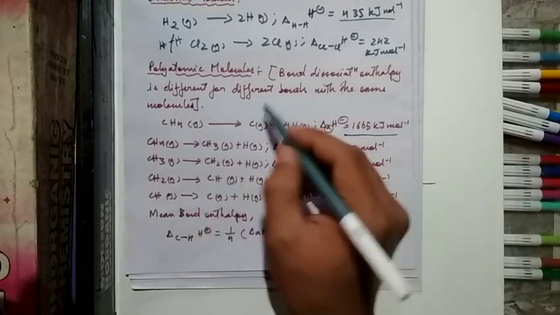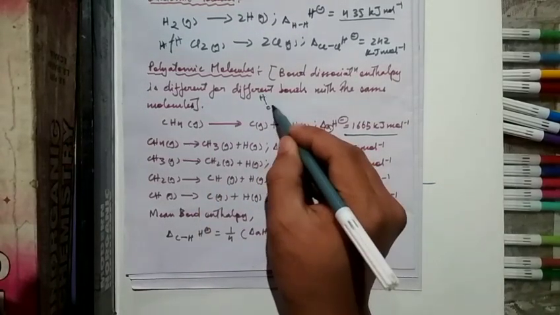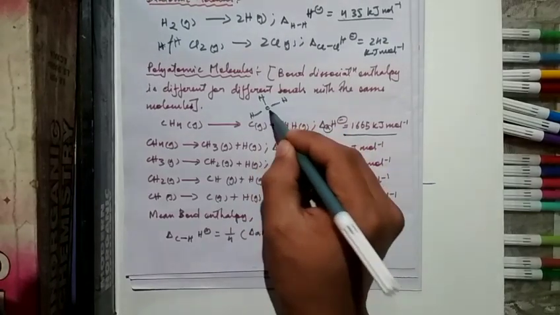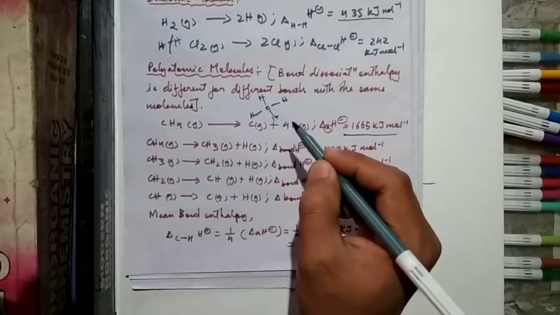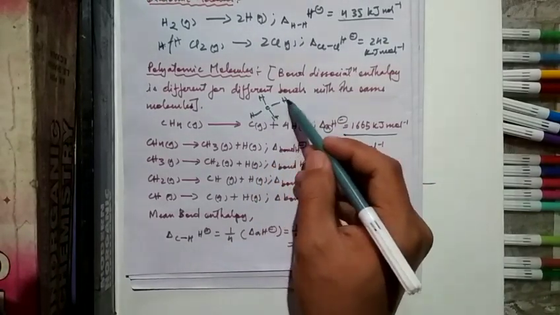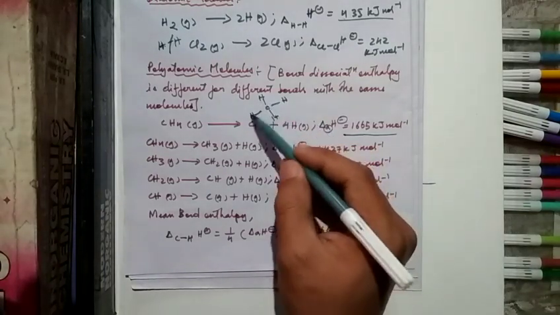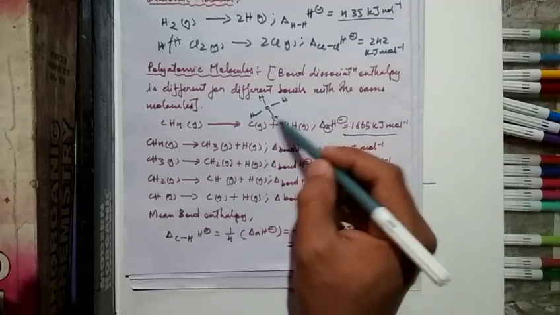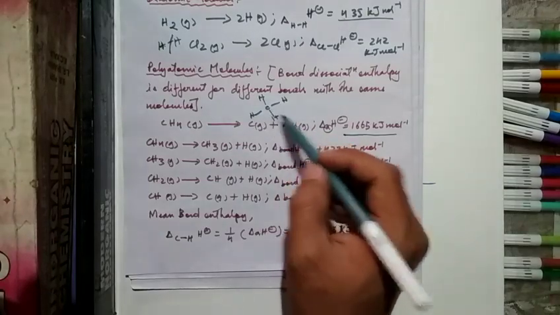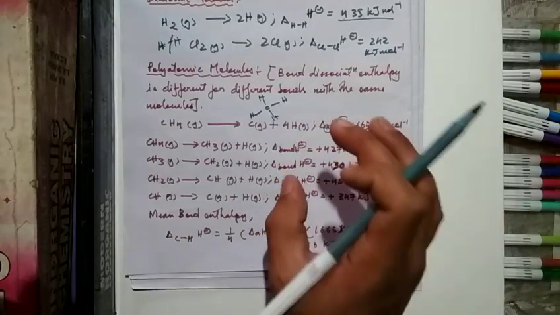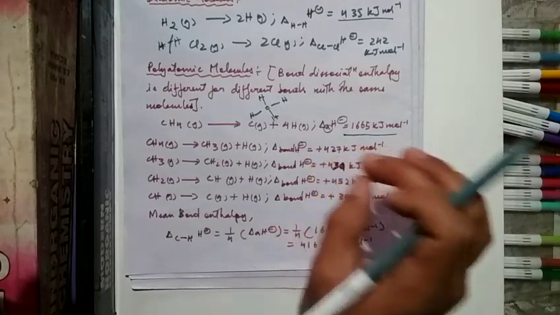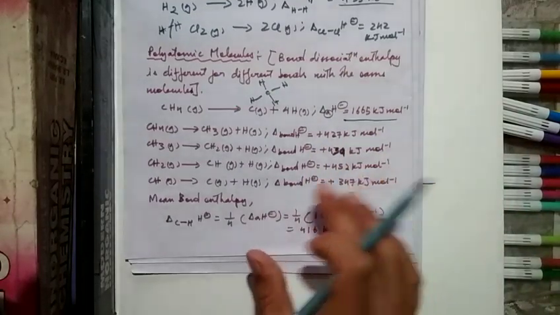In methane, CH4, the C-H bonds are identical in length, and even the energies are identical, but they show different bond dissociation enthalpies.